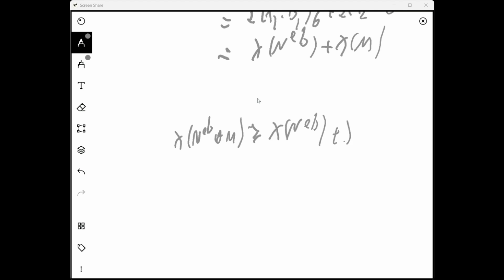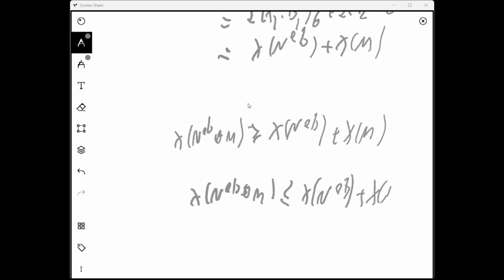In the next part, we will need to prove the other direction, so that we have the equality, which is this one. That will be the purpose of the next video. It will be just to prove this.